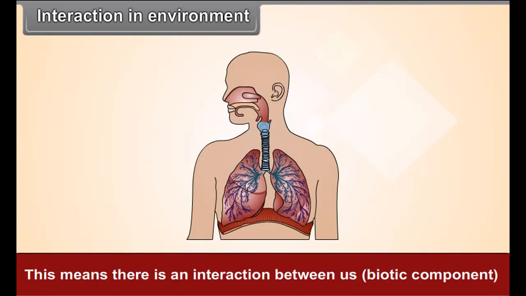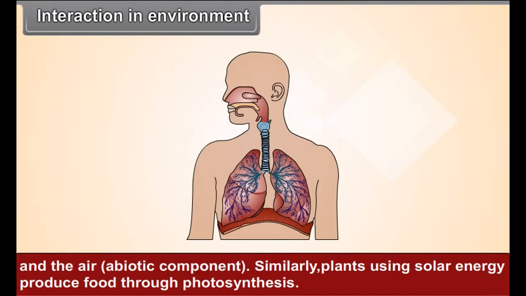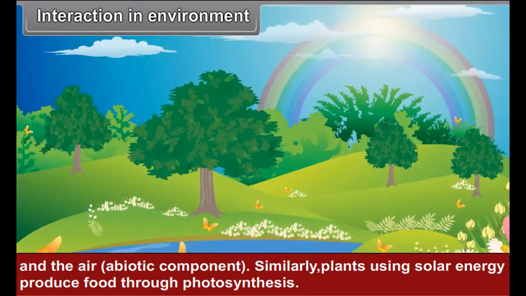This means there is an interaction between us, that is biotic component, and the air, that is abiotic component. Similarly, plants using solar energy produce food through photosynthesis. This also is an interaction between the biotic and abiotic components.